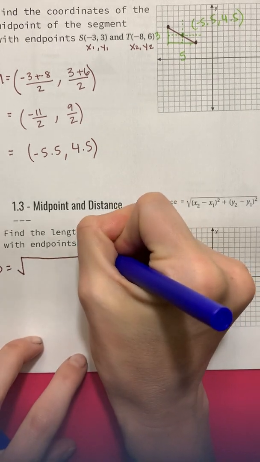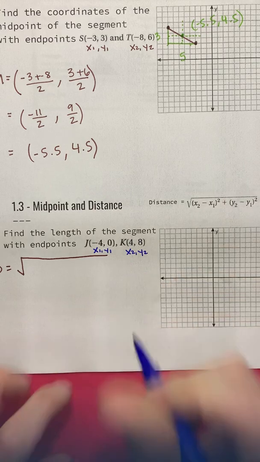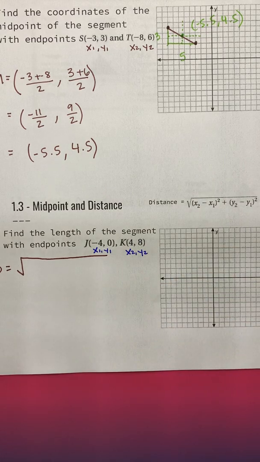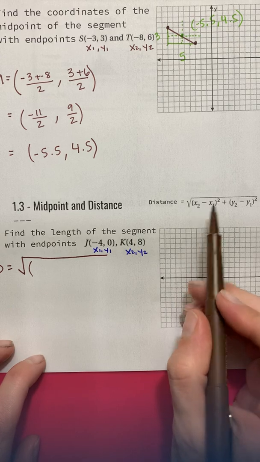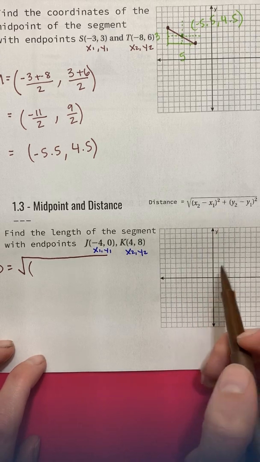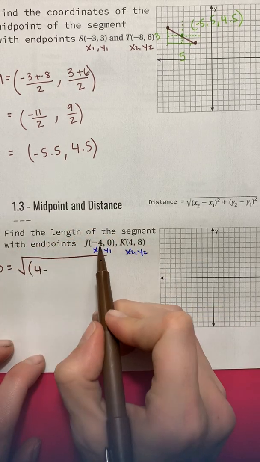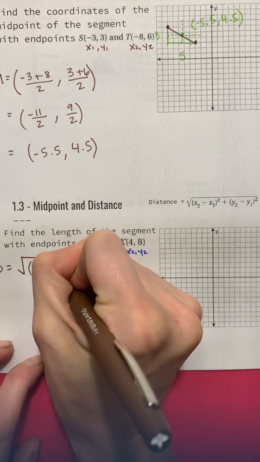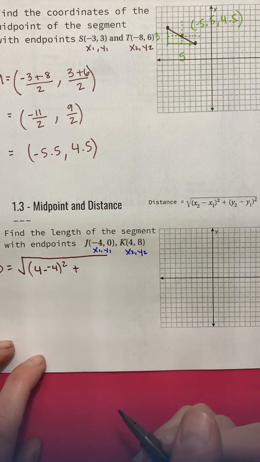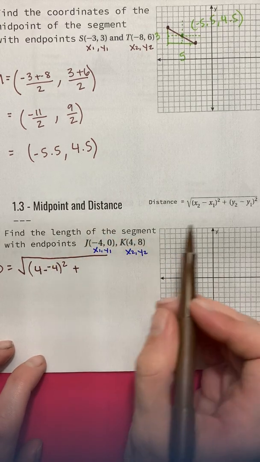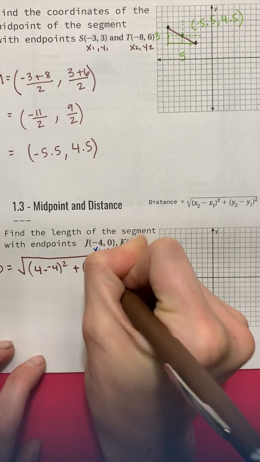So we'll let this be x1, y1, x2, y2. Okay, so notice this one, we're doing x2 minus x1. So that's going to be 4 minus -4 squared, okay, plus my y2 minus y1, so that's going to be 8 minus 0 squared.